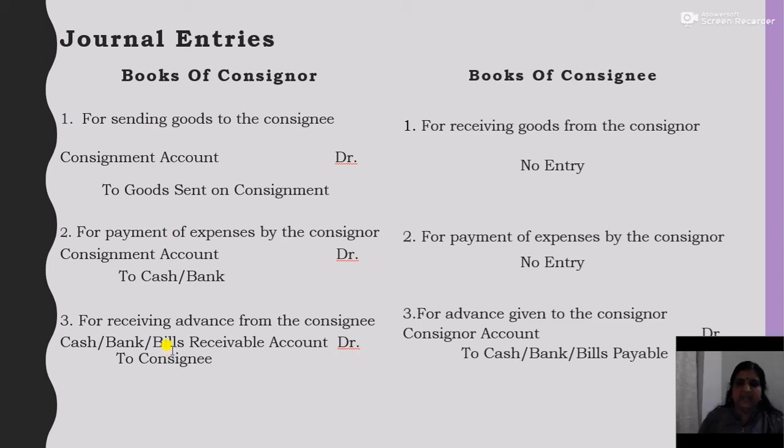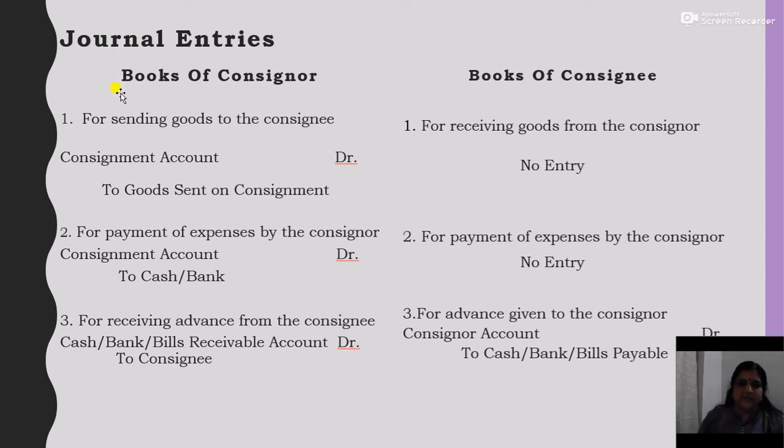Then again there will be certain expenses met by the consignee. Then the consignee effects the sales, receives a commission on the sales, and finally makes the final settlement. These are the usual transactions in consignment, and there will be journal entries for all of them in the books of consignor and consignee.